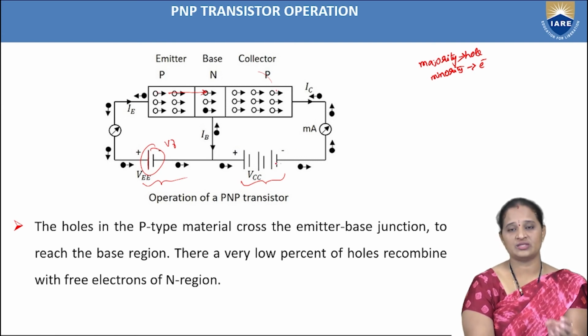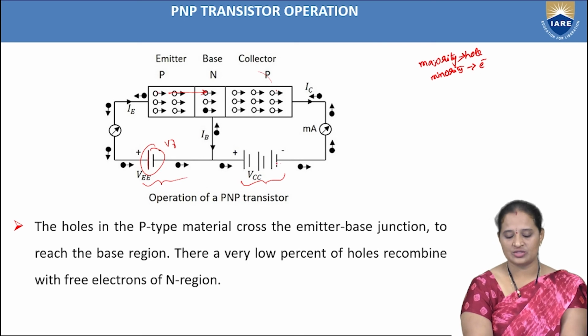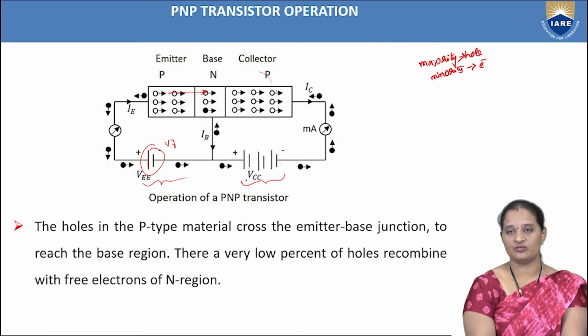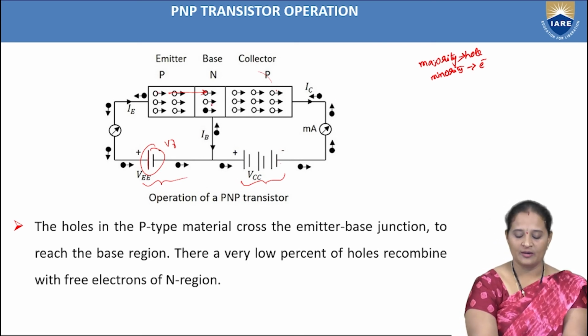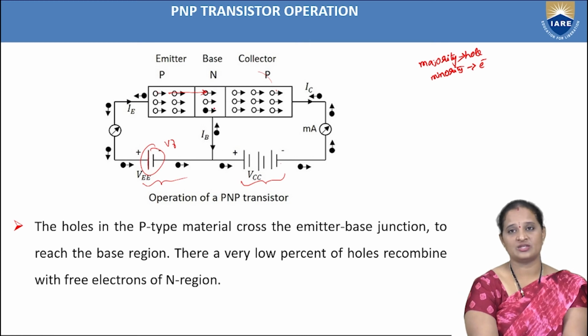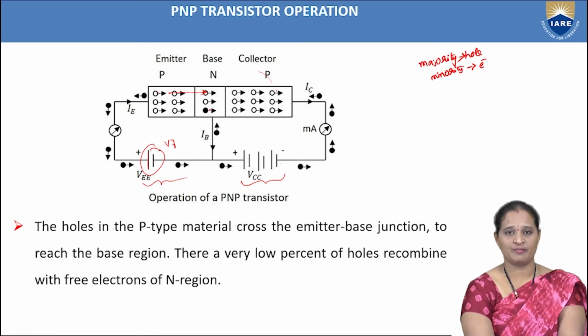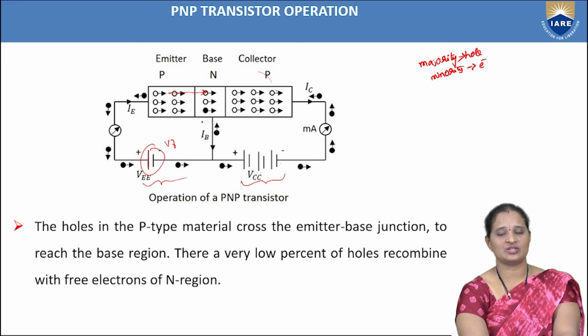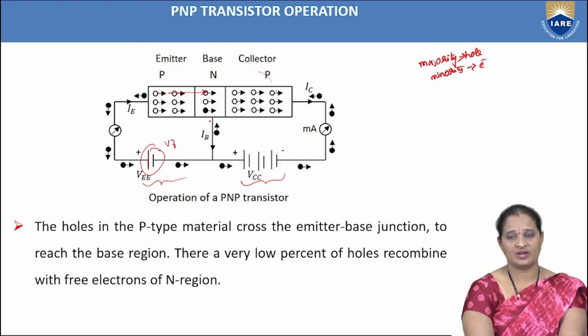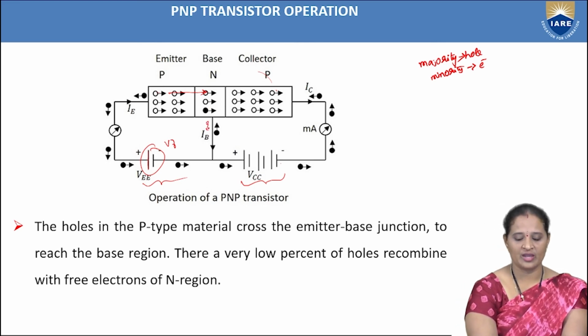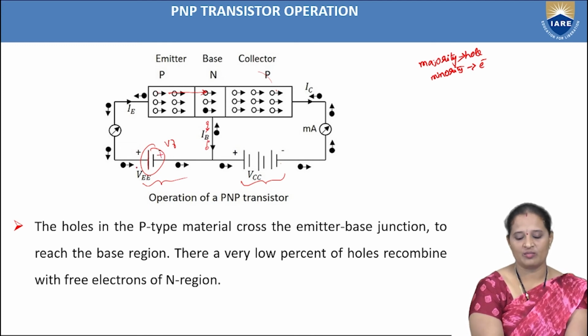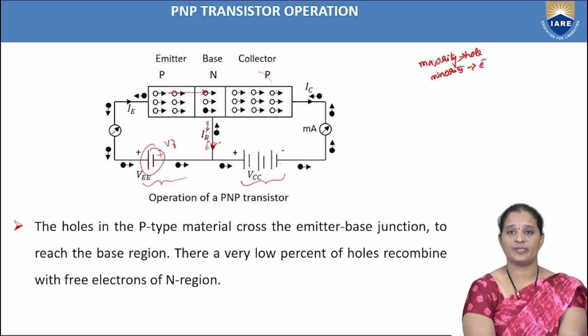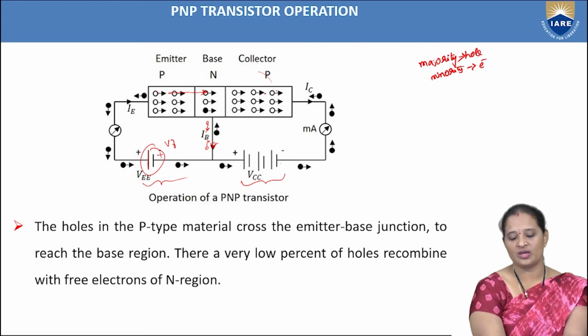They are always attracted by the opposite charge, so they will be moving towards it. And there are also some minority charge carriers in the n-type base. What are those minority charge carriers? Holes. These holes will be attracted by the negative terminal of the battery, and they will move like this, and hence the direction of base current is this way, whereas the holes are moving in this way.